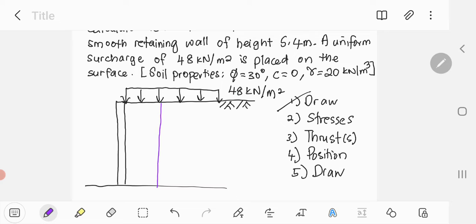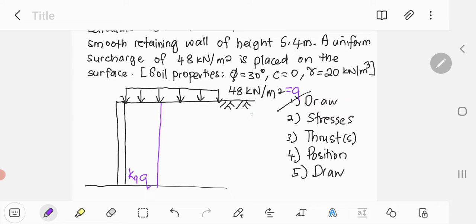Okay, eventually your surcharge is represented by Q. So what we transfer is Q, and then because this load is inside the soil, it must be multiplied by KaQ.